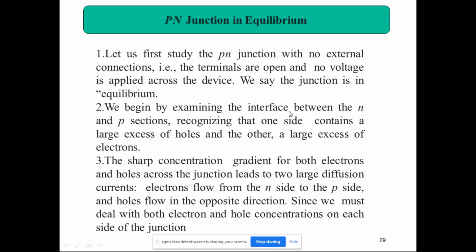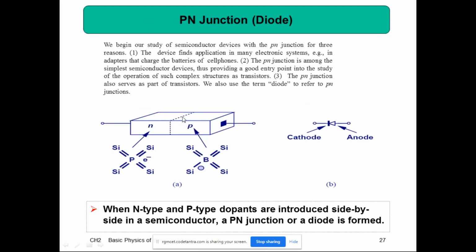We begin by examining the interface between the N and P sections, recognizing that one side contains a large excess of holes and the other a large excess of electrons, right? Okay, our study begins with examining the interface between the N and P sections. Okay, interface means here, this point, the junction point.